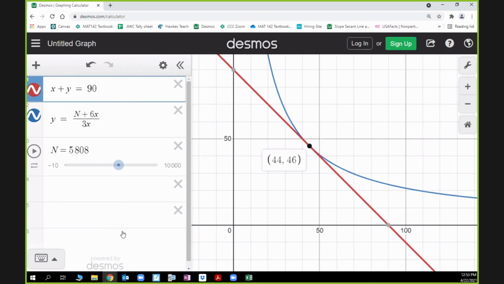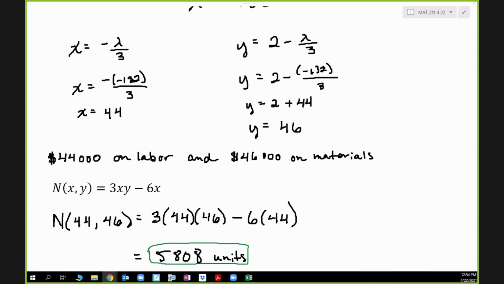Are there any questions about this problem or these problems in general? Okay, so we do have 20 minutes left of class, but this is all of our material for the term.